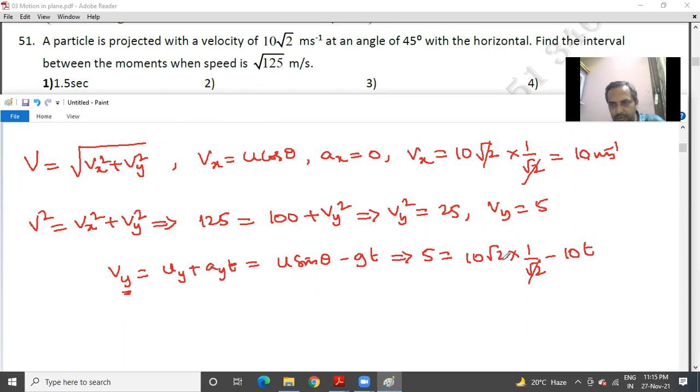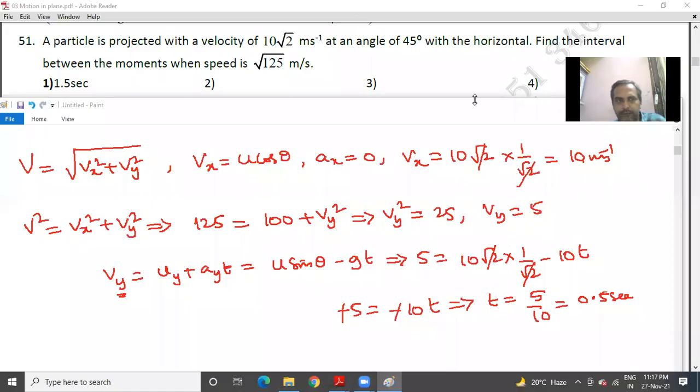So this is going to be 10 minus 10t equals 5. Taking to this side, this will be minus 5 is equal to minus 10t. So minus and minus cancel, so t is equal to 5 by 10. So the answer will be 0.5 seconds. So take the answer as 0.5 only.